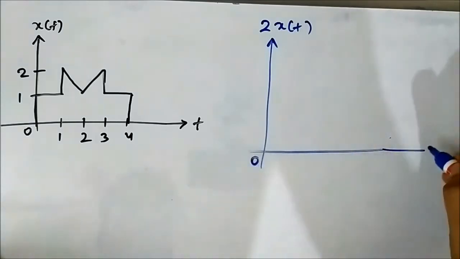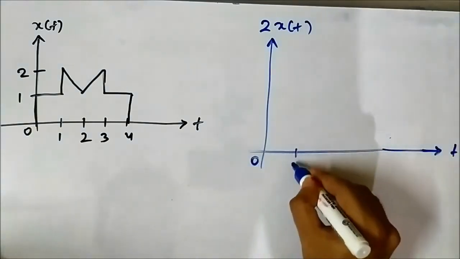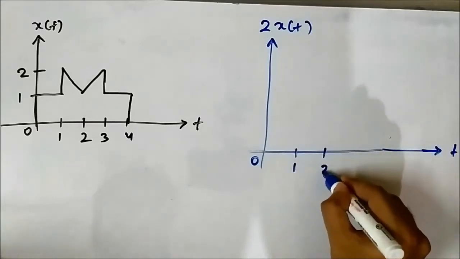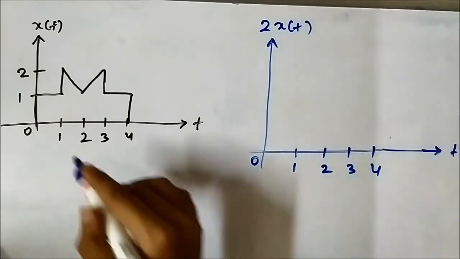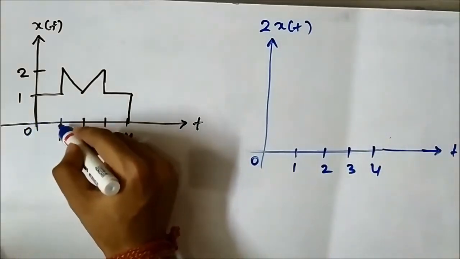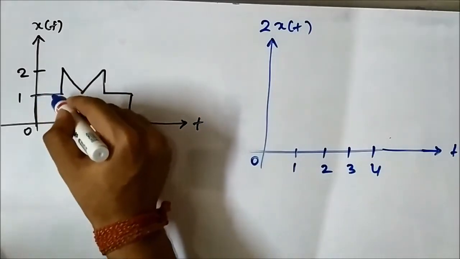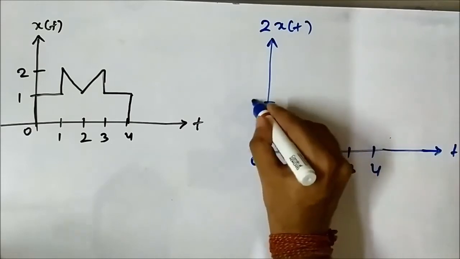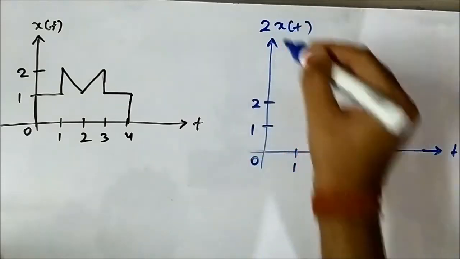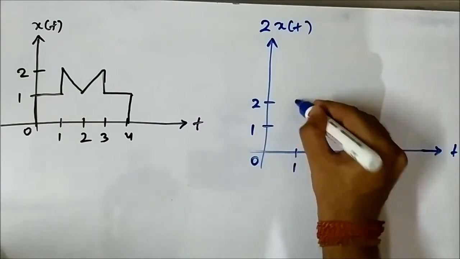One, 2, 3, 4. So at time 1, the amplitude of the signal x(t) is 1. So here it will be 2 because we are amplifying it by a factor 2.